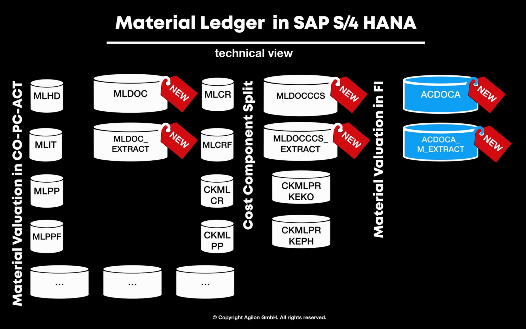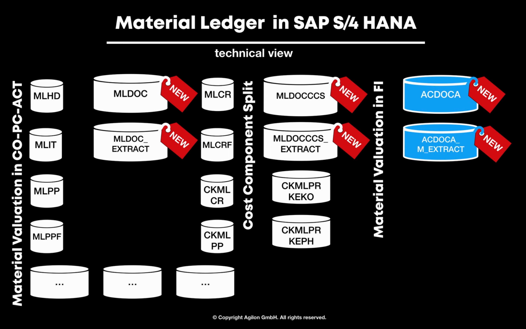MLDOC and MLDOCCCS are updated through periodic transactions such as goods movements, activity confirmations, and through material ledger settlement of actual values. MLDOC stores all relevant information to material ledger on posted items, except for the cost component split, which is stored in the MLDOCCCS table and the CKMLPR tables.